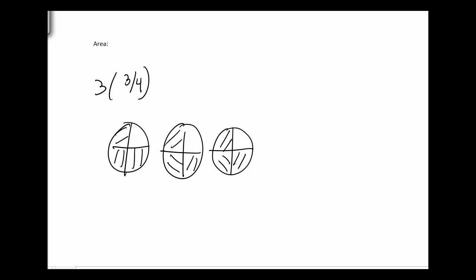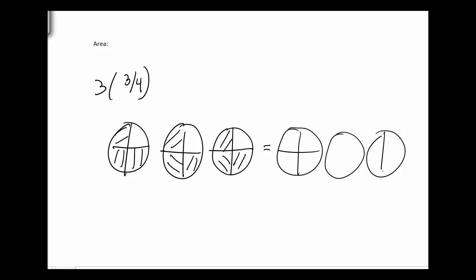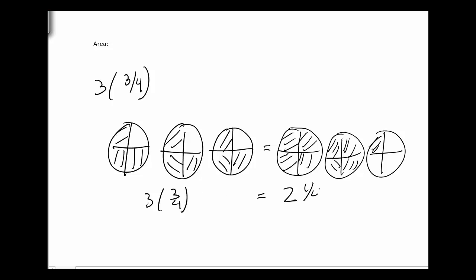And so I can collect up all those pieces, and it looks like they would form, let's see, 1, 2, 3, 4, 5, 6, 7, 8, 9. So I can see that 3 times 3/4 is the same as 2 1/4. So I can visually make that connection.